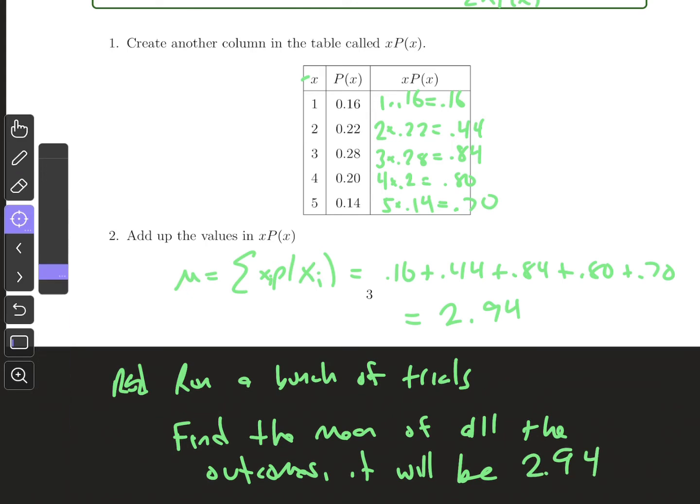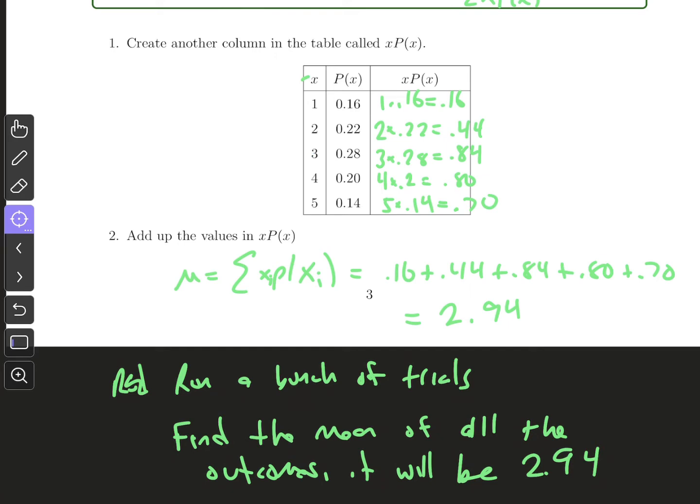Now that is not actually an outcome in here, but remember, we talked about this when we did mean, mode, and median: the mean is usually not an actual outcome that you can get. But it's pretty close to 3. So if I had to make a bet, I would bet on 3. It's closest to the actual mean.